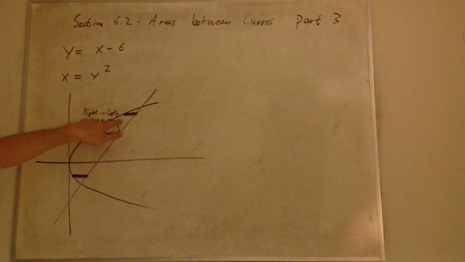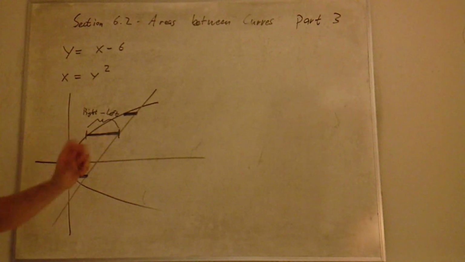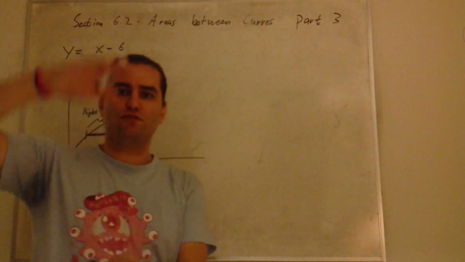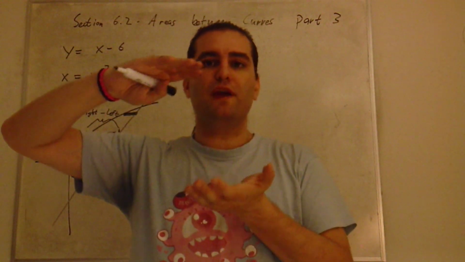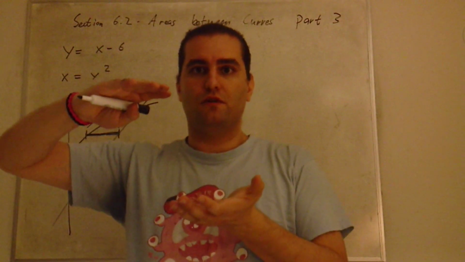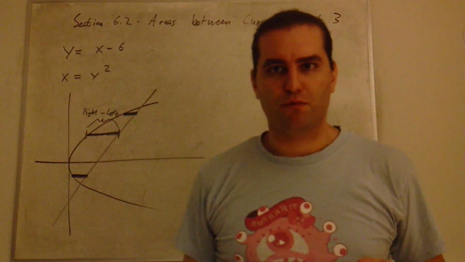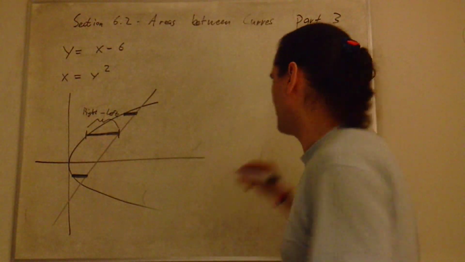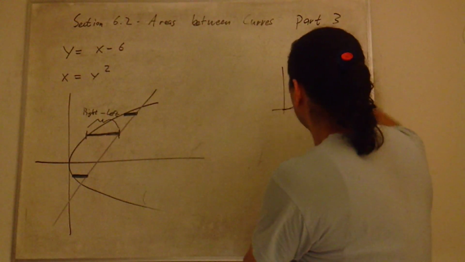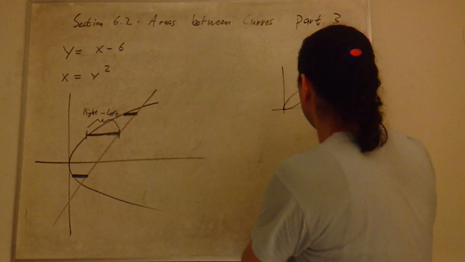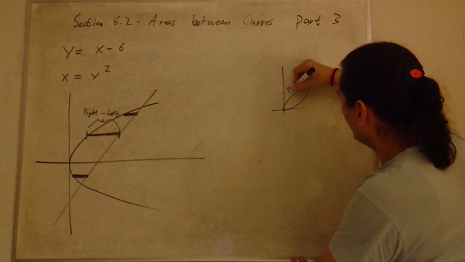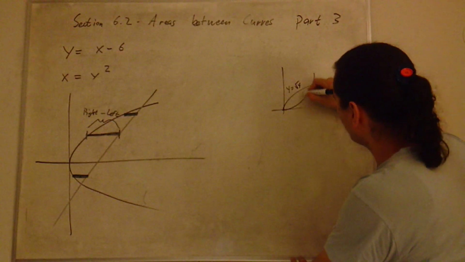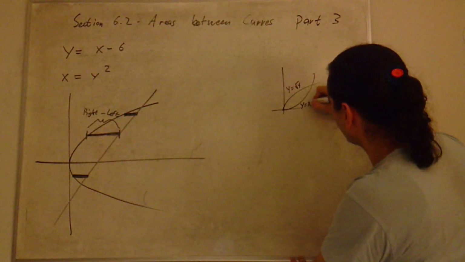I should back up a little bit. When we do these horizontal distances, we're comparing two different y values. Like in the very first example we did for this section, when we did the area between x squared and square root x, we were looking at the top function being y equals root x and the bottom function being y equals x squared.